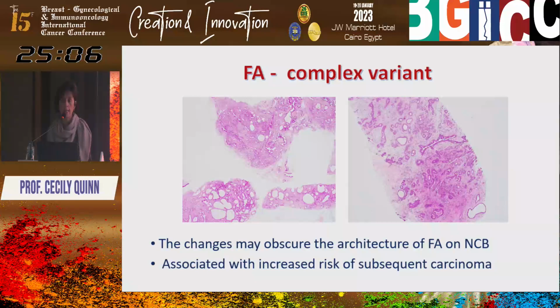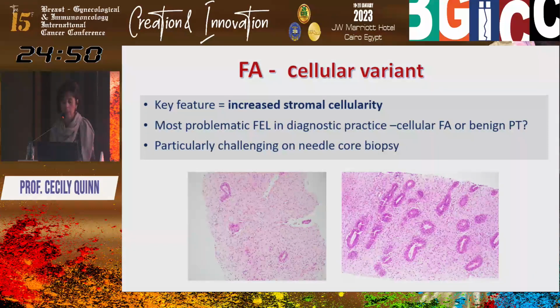With regard to classification on core biopsy, these classical fibroadenoma, complex and other variants are B2 lesions and do not require further excision unless there's a particular reason to do so. But I'll mention that again later on. Now, the cellular variant of fibroadenoma is really one of the most problematic lesions in breast pathology.